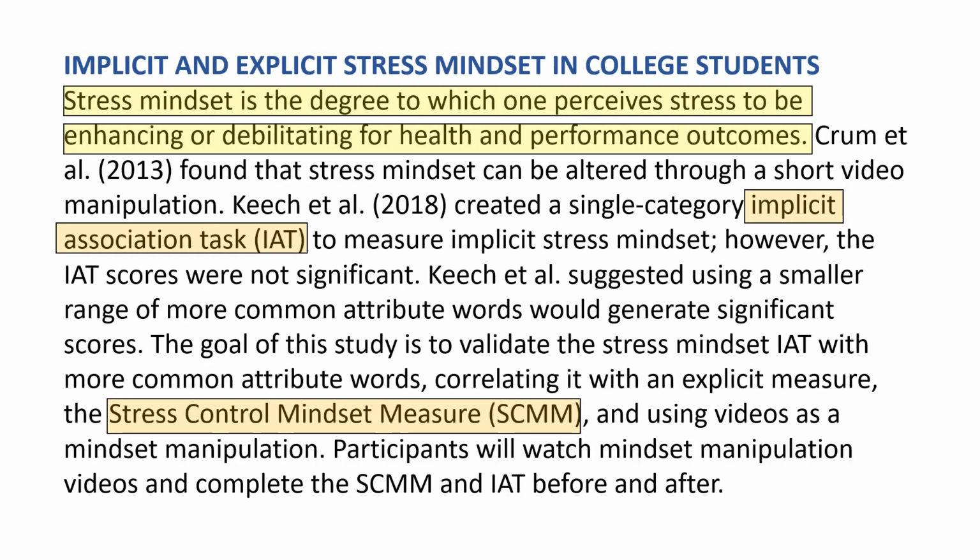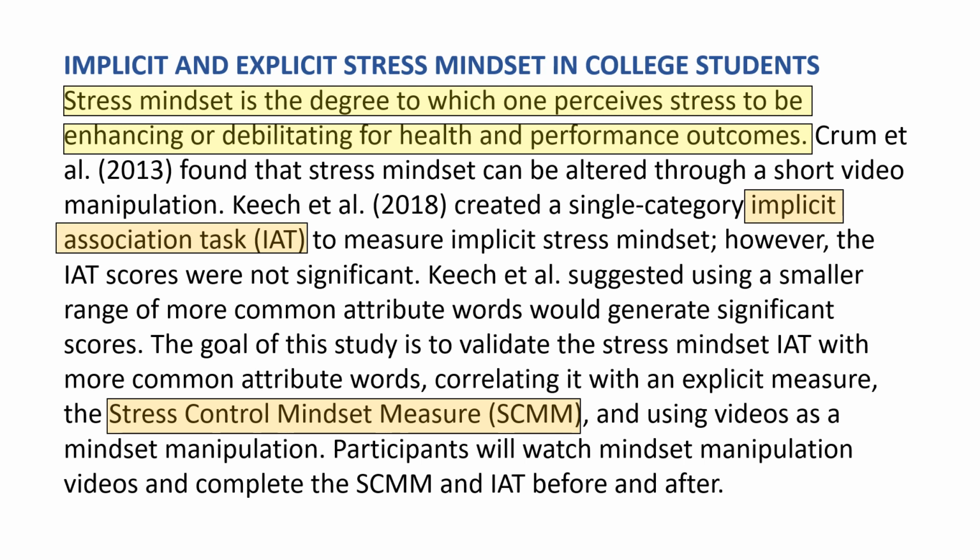The study described in the summary on this slide includes an example of a conceptual definition and two operational definitions of the same variable, stress mindset. It might help to pause the recording to read the summary before I explain those examples. The information in the first sentence and highlighted in yellow is the conceptual definition of stress mindset, which is a concept.